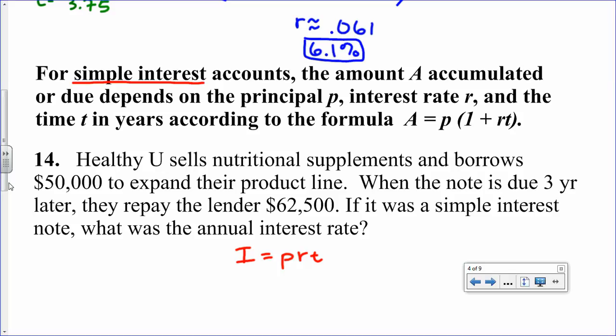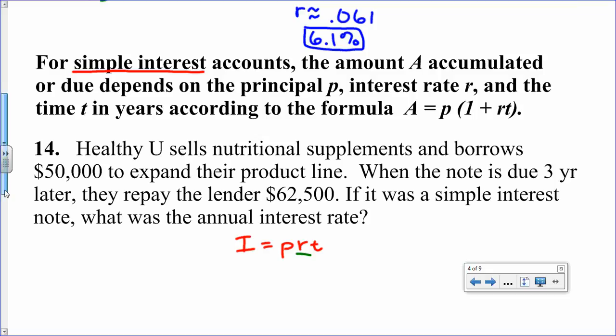This was the annual interest rate. So what variable am I solving for? I need to find R. I'm looking for the rate, annual interest rate. So I'm looking for R.